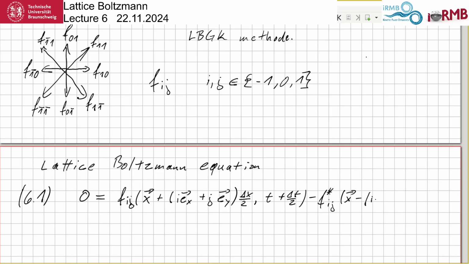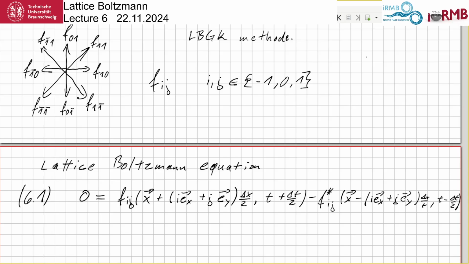I go a full time step back, but because I have already a half grid spacing, I will end up at half grid spacing again, and I will also end up at half a time step before the last collision.